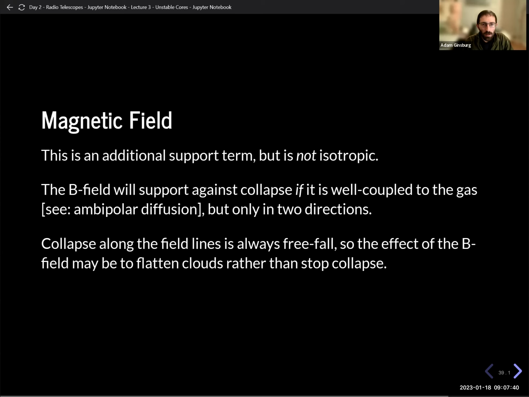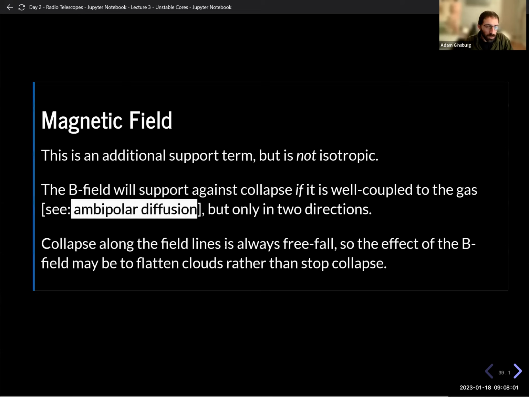So it can flow freely across the magnetic field. It's only ionized gas with a charge on a particle that is actually affected by the magnetic field. And the problem is that if the gas can freely flow, meaning it's not well ionized, that's referred to as ambipolar diffusion. And it means that the magnetic field doesn't do much.